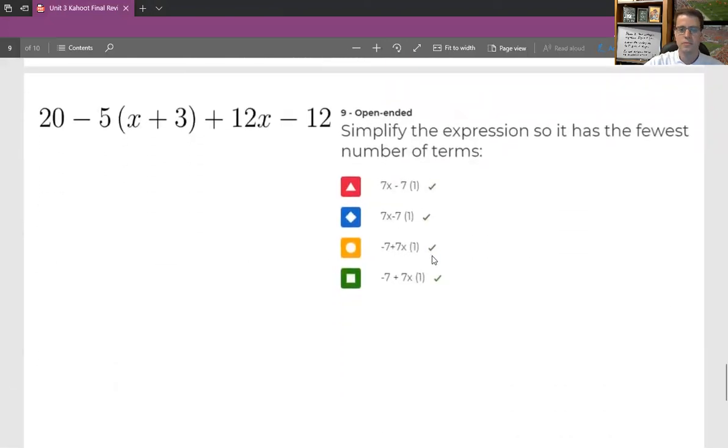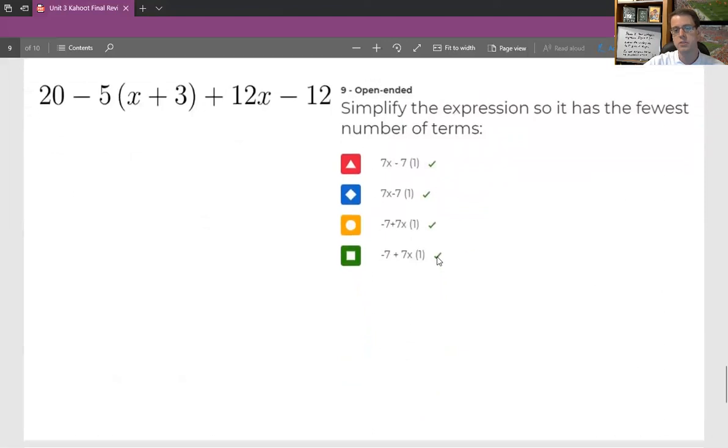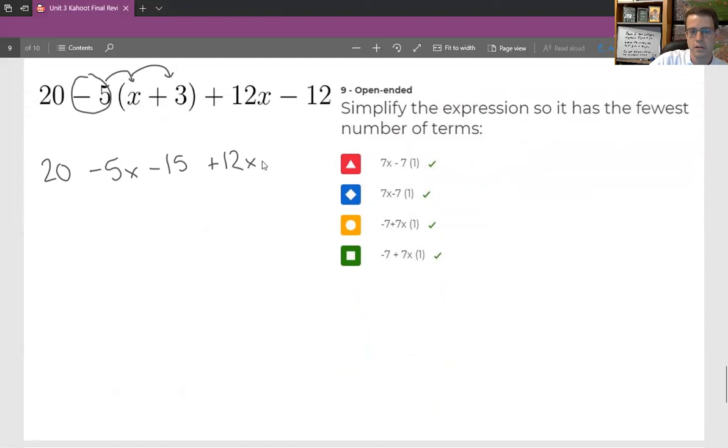And number 9, simplify the expression so that it has the fewest number of terms. We need to distribute this negative 5 here to the x and to this positive 3. And so we're left with 20. Negative 5 times x is negative 5x. Negative 5 times 3 is a negative 15. Plus 12x minus 12. And now we go through and we combine our like terms. We have the negative 5x and the 12x, so negative 5x plus 12x.